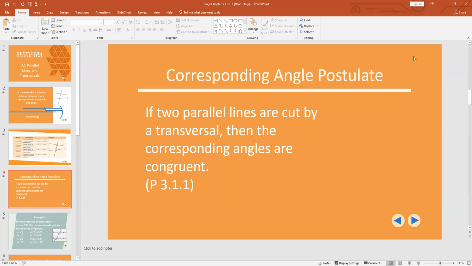Okay, so we have angle postulates and theorems coming up. Corresponding angle postulate. Who wants some note cards? I need note cards. I need you guys to make note cards for this section. So if you need note cards, I'll make sure I get you some. You want to go ahead and get some now?